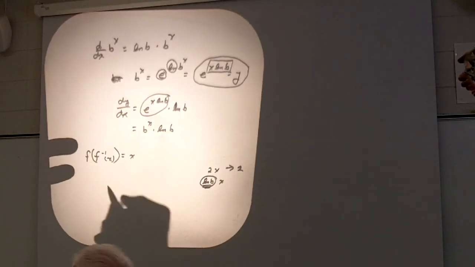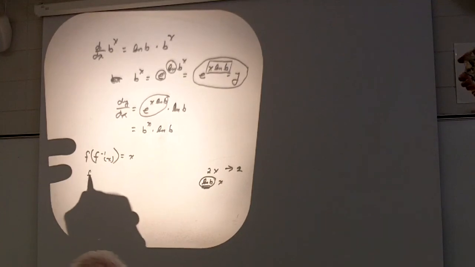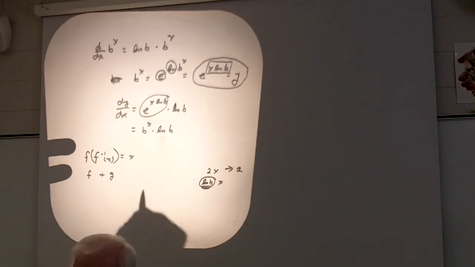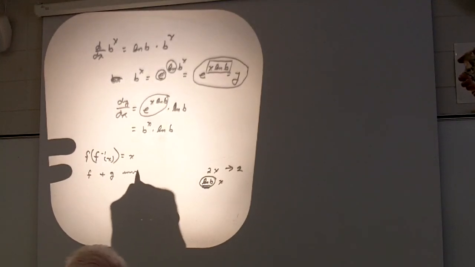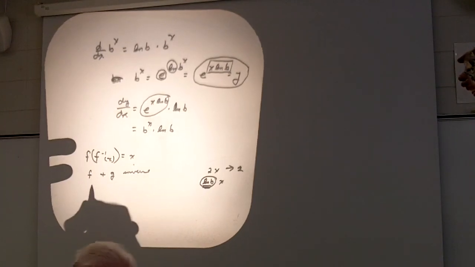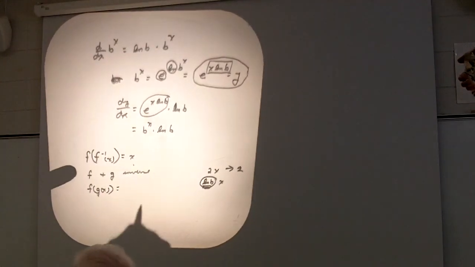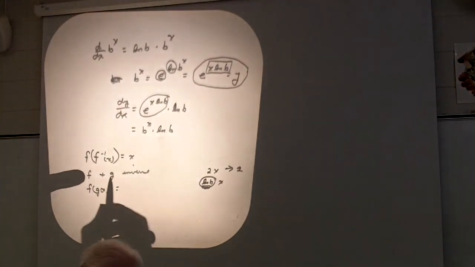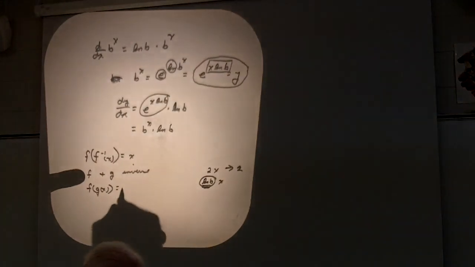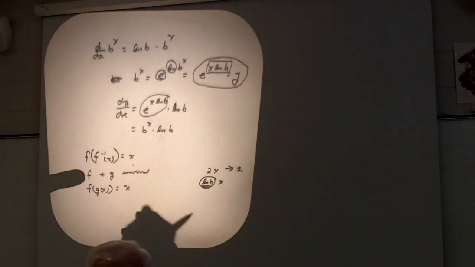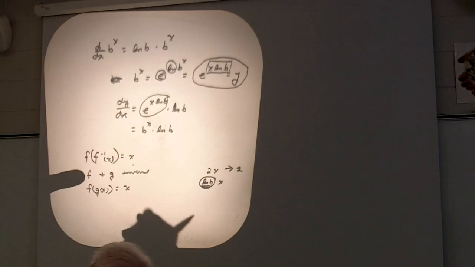Here's another thing. What happens if f and g are inverses of each other? If I have that, f of g of x is equal to what? These two are inverses of each other. It is equal to x. You with me?